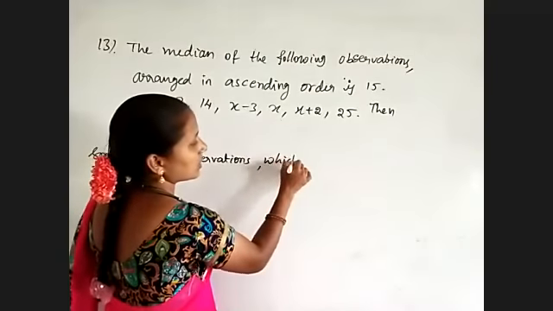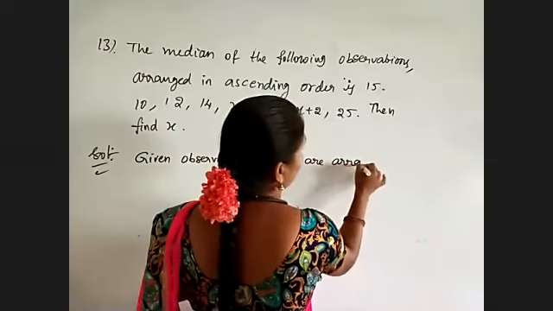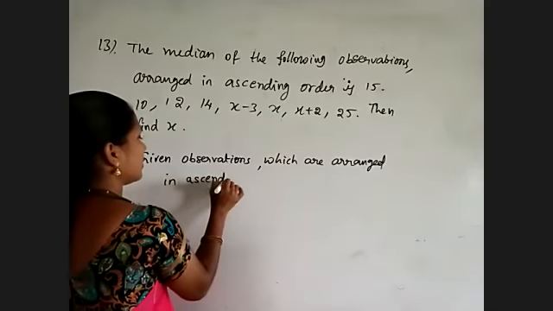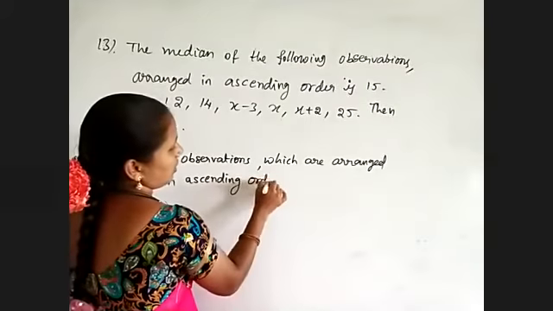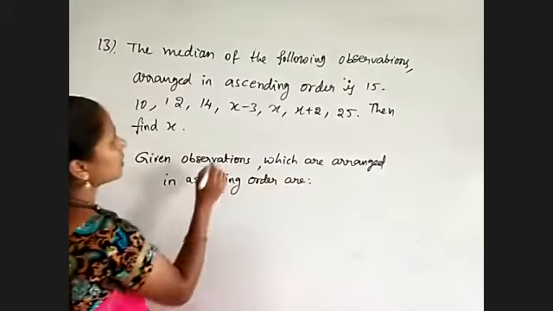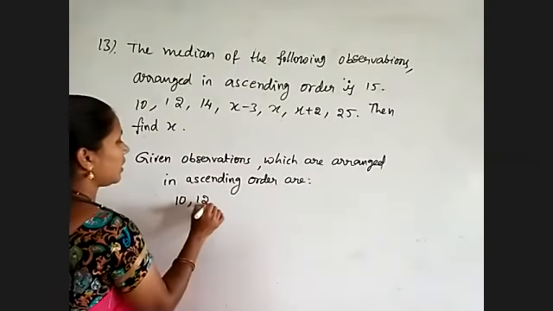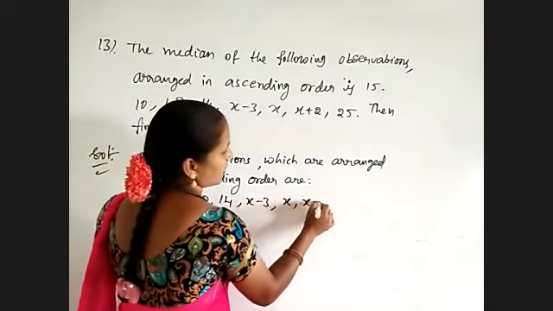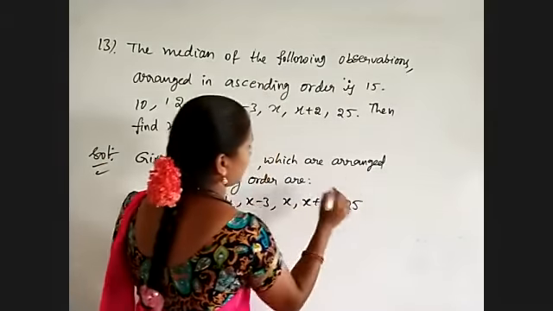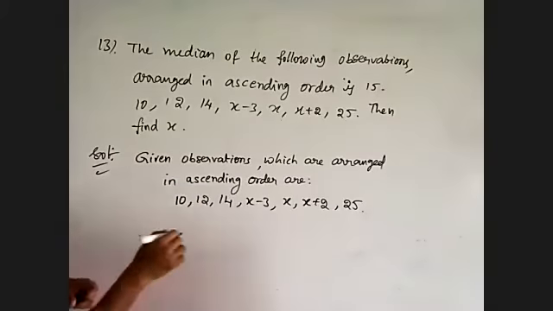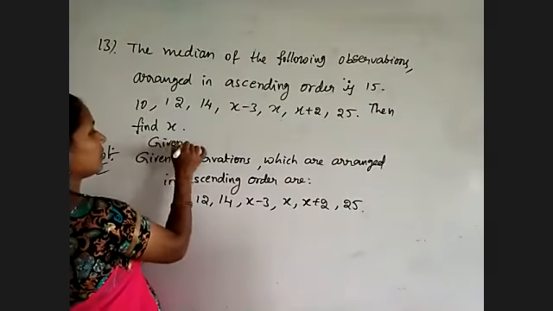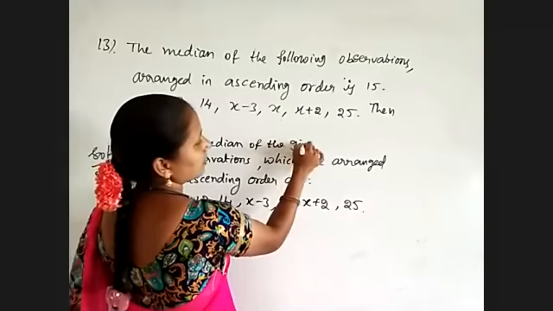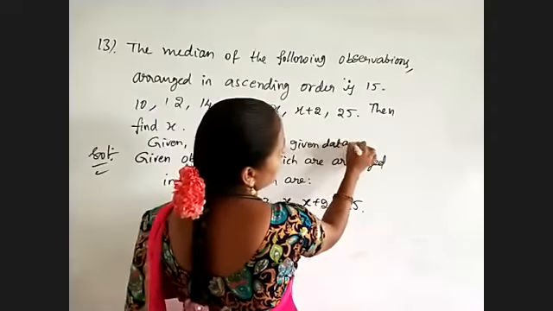So the given observations, which are arranged in ascending order, are 10, 12, 14, x minus 3, x, x plus 2, 25. And it is also given that the median of the given data is equal to 15.